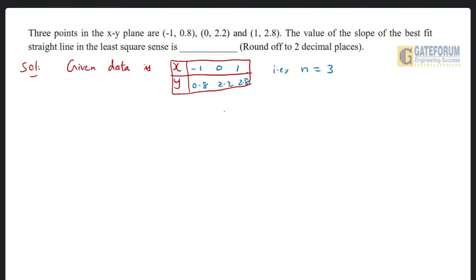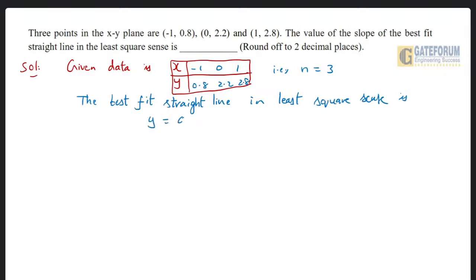Okay. Now the best fit straight line in least square sense is y is equal to ax plus b, or you can write a plus bx.